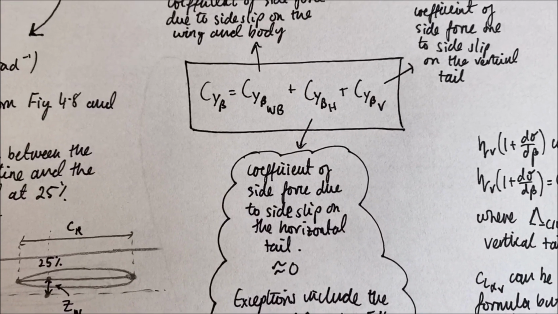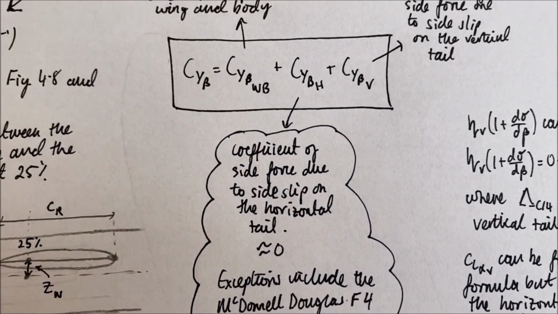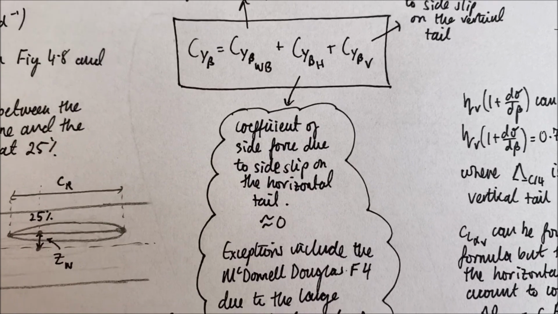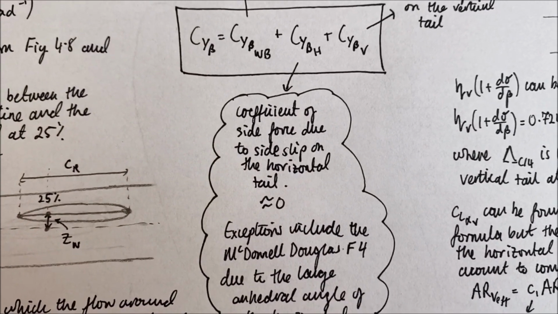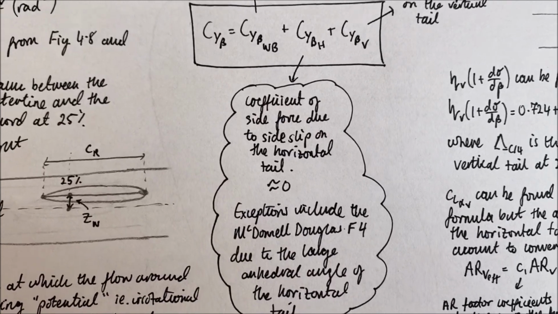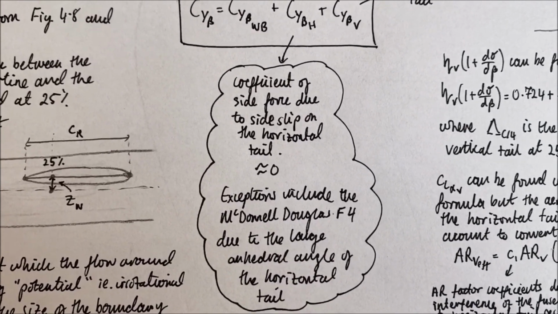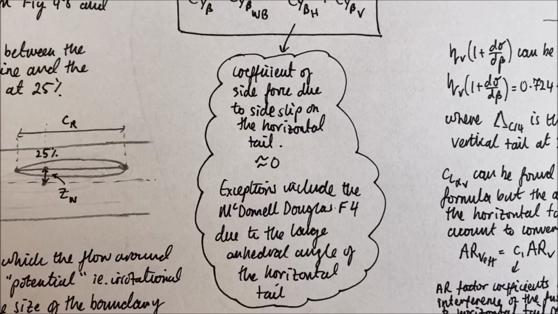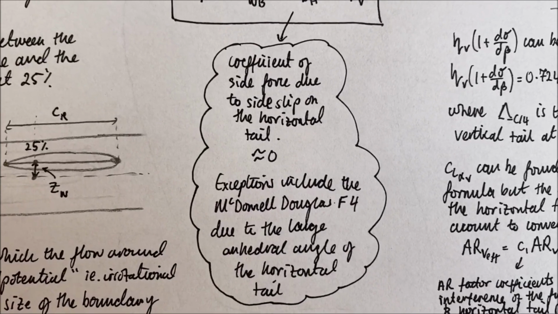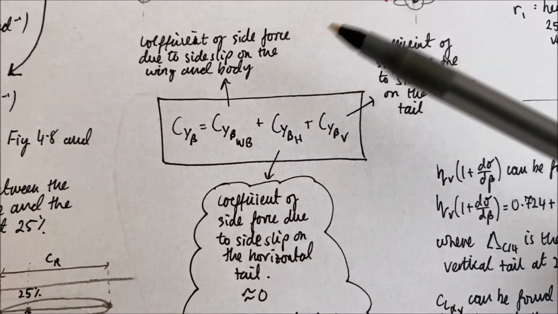But this effect does increase with dihedral angle. So exceptions to this rule include aircraft where the horizontal tail has significant dihedral angle, for example, the McDonnell Douglas F4. Go and look at a picture of that aircraft if you're not familiar with it. So that's the first one dealt with.